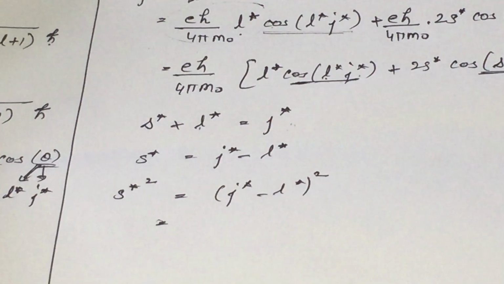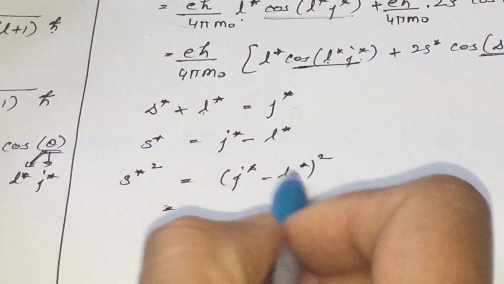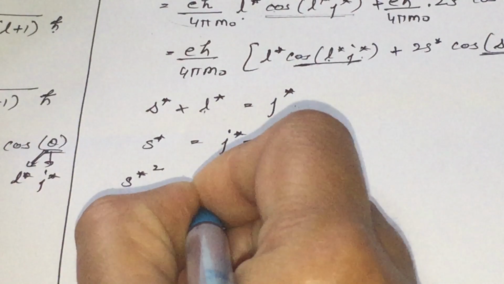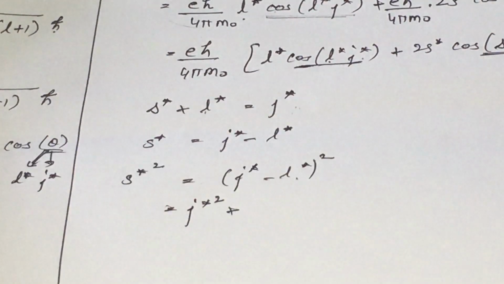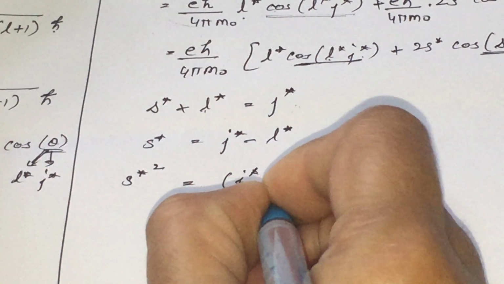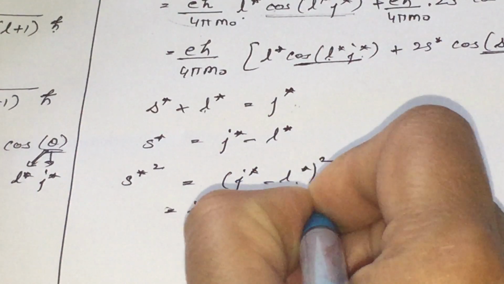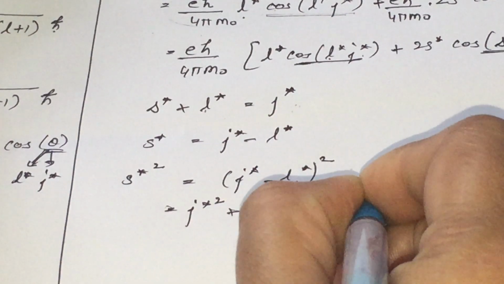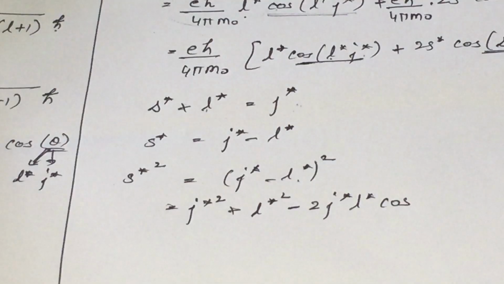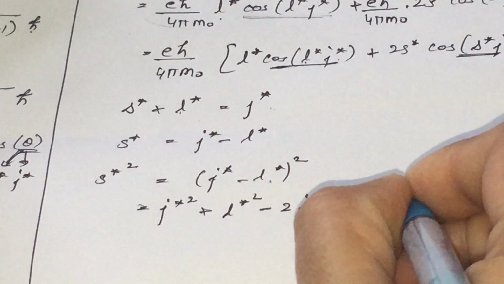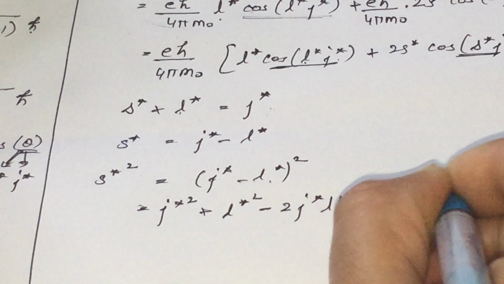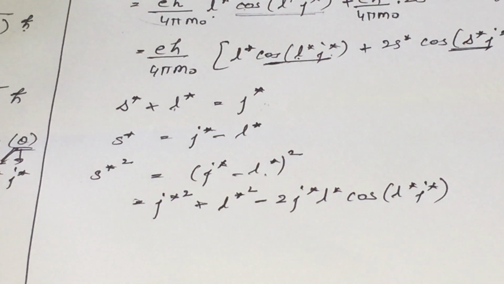If you open this bracket, you have J star square plus L star square minus 2 times J star L star cos of the angle between J star and L star, which we denote in this way.